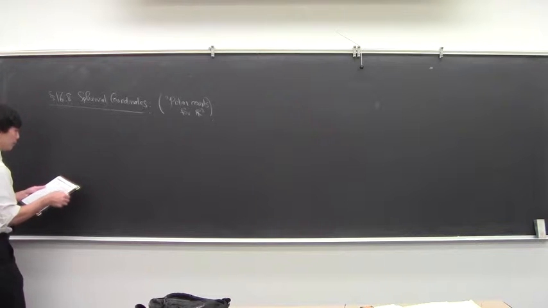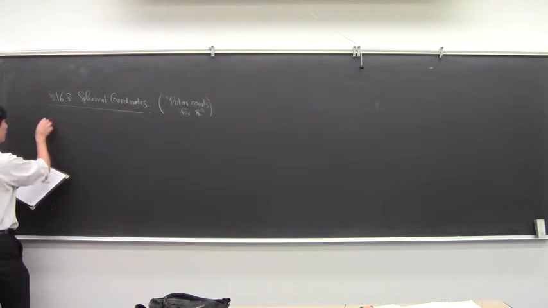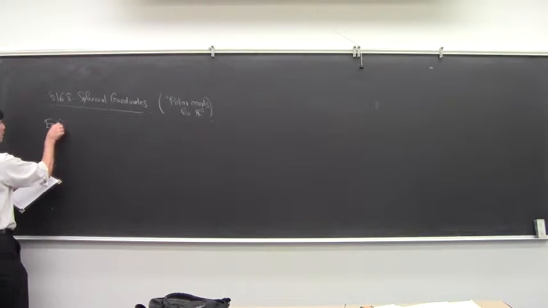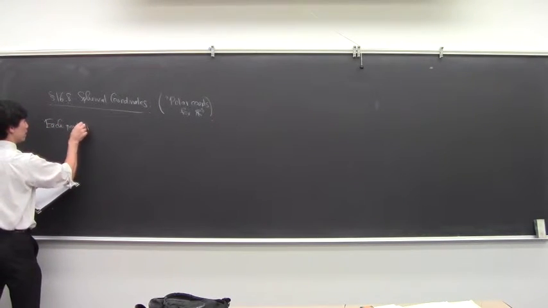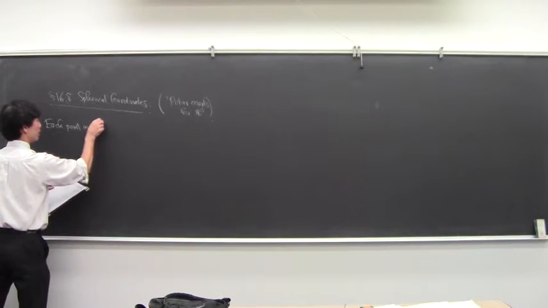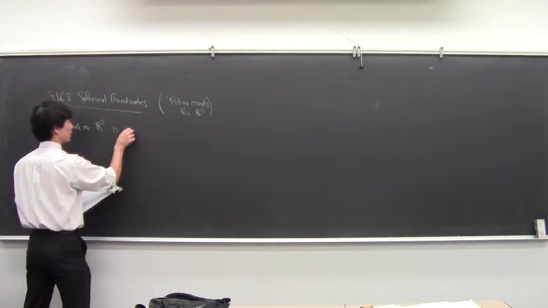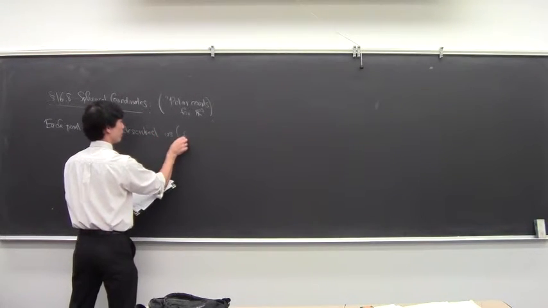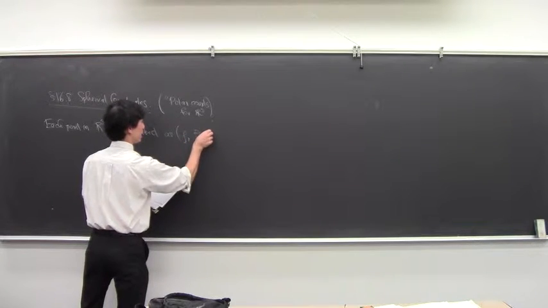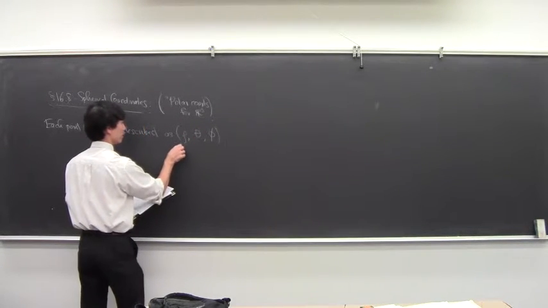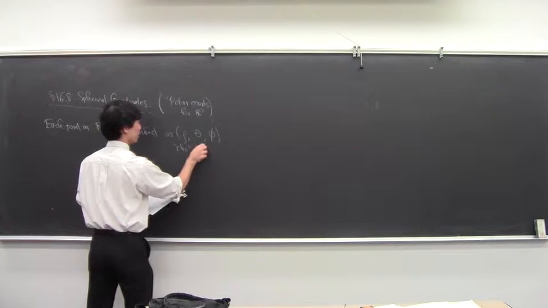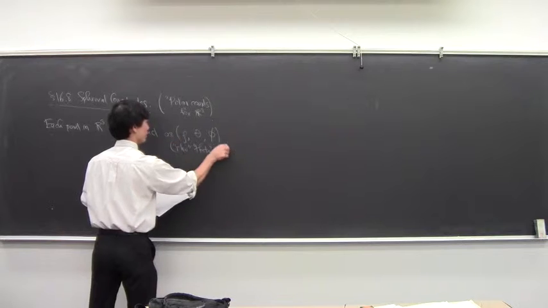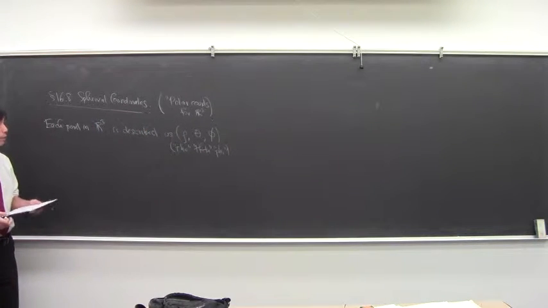Okay. So we do the following. We describe each point in space, each point in R3, by three coordinates, rho, theta, and phi. In case you don't know your Greek alphabet, rho, theta, and phi.